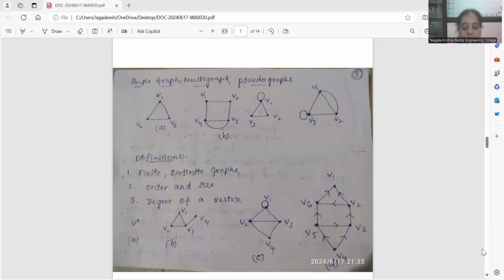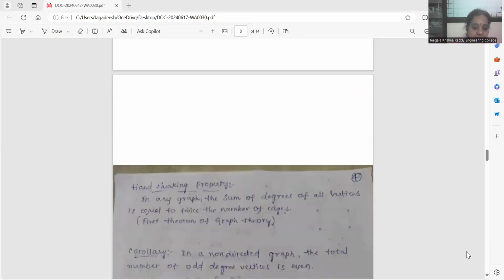Next, the vertex V2: 2 edges go towards V1 and V6, so the out-degree equals 2, whereas the in-degree equals 1, as there is an edge from V3 coming towards V2. Overall degree equals 3. In that way, we can count the in-degrees and out-degrees of each vertex.